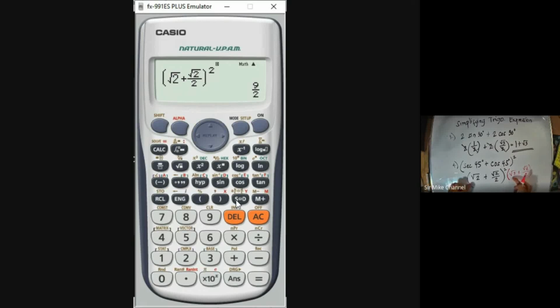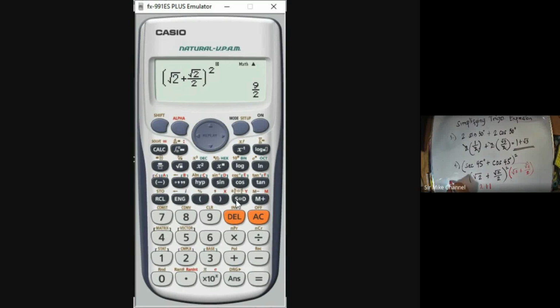First, ito. Square root of 2 times square root of 2, merong 4, so magiging sagot natin ay 2. Then, next naman, ito. Square root of 2 times square root of 2, meron ka 4.